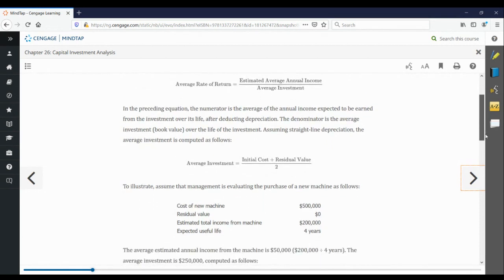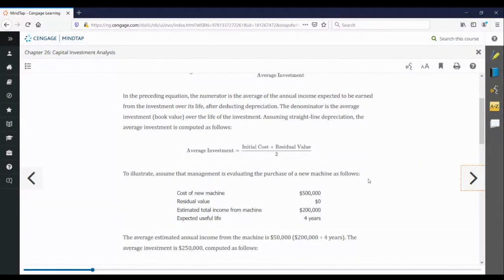So let's look at an illustration where they have us doing this. First of all, they tell you what the cost of the asset is going to be, so that could be plugged into the average investment formula. They tell you that the residual value or the scrap value is going to be 0.